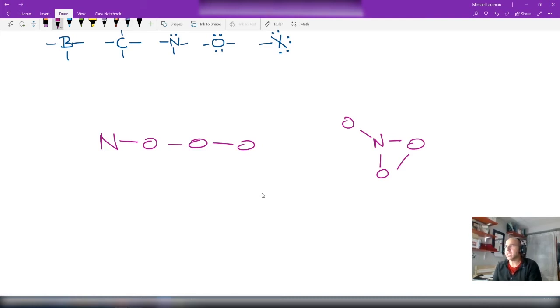And the reason is the types of bonds that form. Whenever an atom bonds with itself, that's known as a homonuclear bond, because it's 2 of the same nuclei. And in general, homonuclear bonds are very weak. Heteronuclear bonds tend to be much stronger. Again, carbon is the exception.